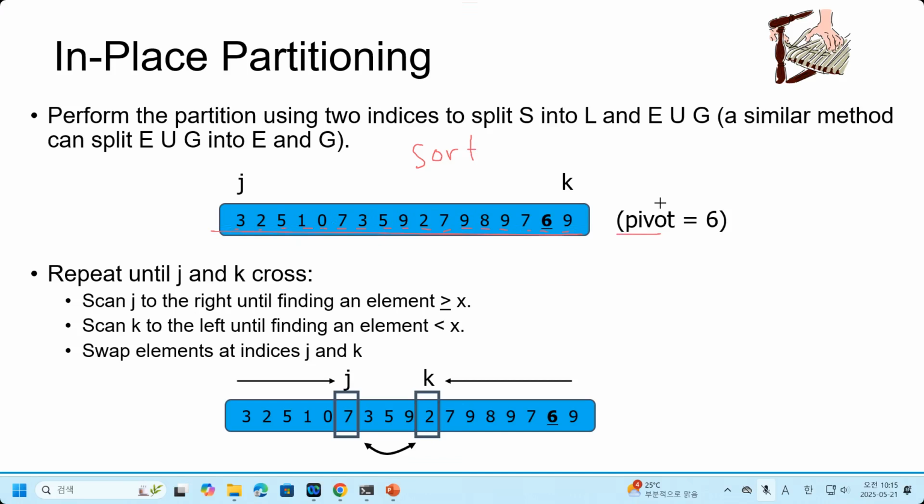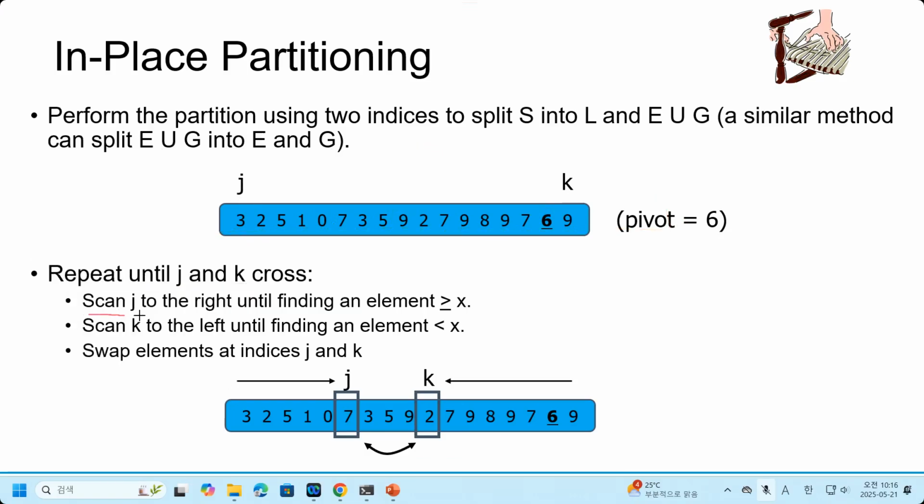We need to choose a pivot, so let's choose 6 as the pivot. We repeat until j and k cross.